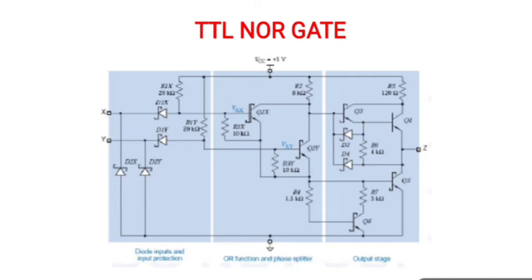The phase splitter is off, so only Q3 will be on, and Q3 on means Q4 will be on. The pull-down transistors Q5 and Q6 will be off, because the bases of Q5 and Q6 will be 0, since Q2Y and Q2X are both off. So the phase splitter generates 0.